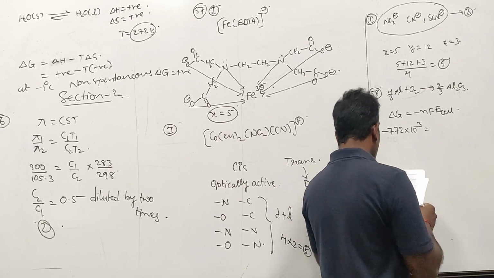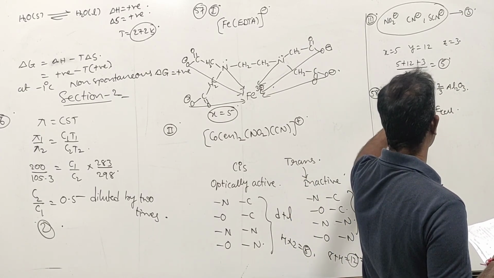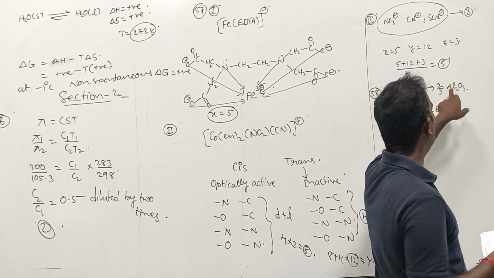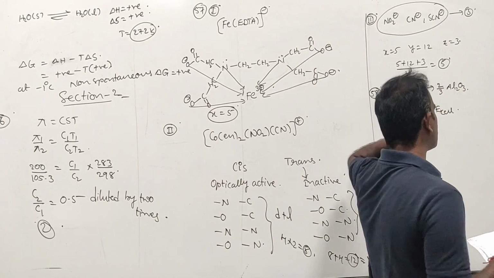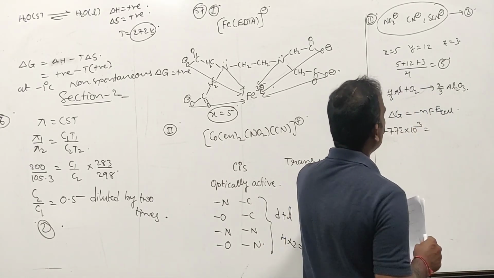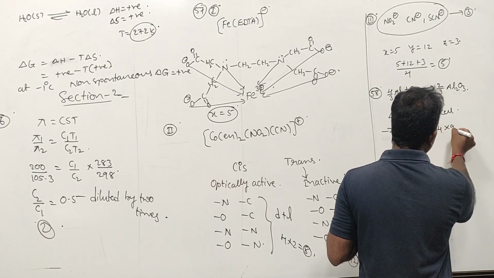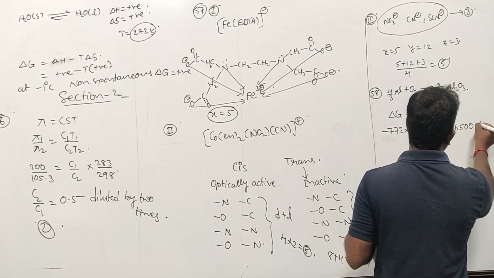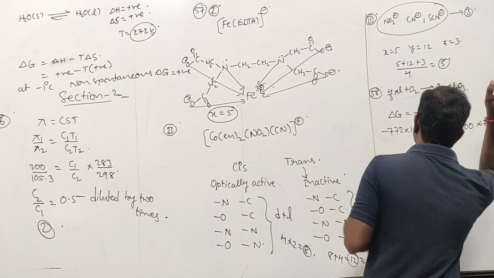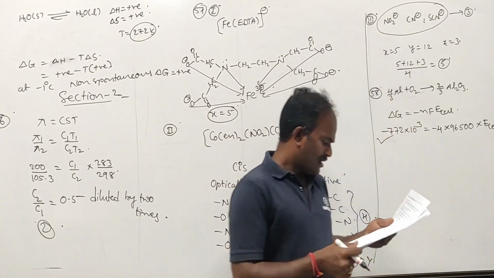Aluminium here is having 0 oxidation state and it is converting into plus 3 oxidation state. 0 to plus 3, therefore 3 electrons are transferred. 3 into 4 by 3, therefore 4 into 96,500 into E cell. Calculate it, then you will get the answer of this one.